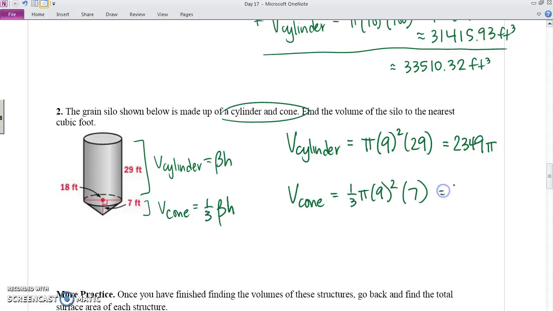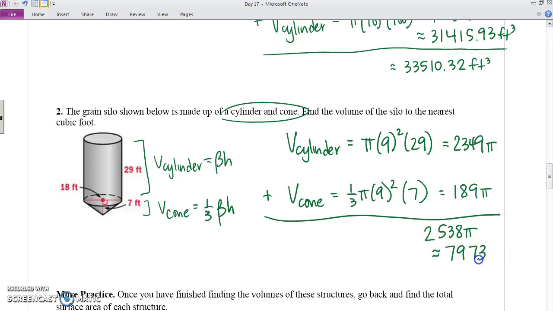And that is 189 pi. I'm going to add those together. 2,538 pi, which is about 7,973.36 feet cubed.